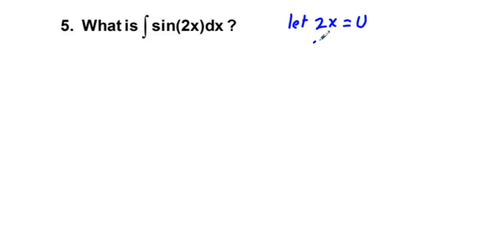And so then we'll have 2x dx is equal to u, and dividing by 2, not 2x dx, it's just 2 dx. 2 dx is equal to u. There we go. And so dx is equal to u over 2.